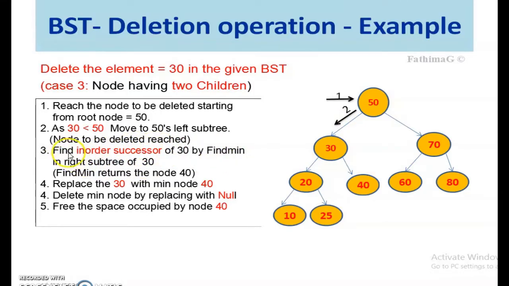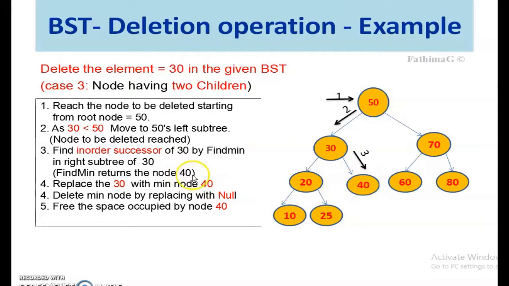Now find the node to be replaced with method 1 or 2. I have followed method 1, and the in-order successor of 30 is found by applying the find-min operation in the right subtree of 30. The find-min operation returns the node 40.